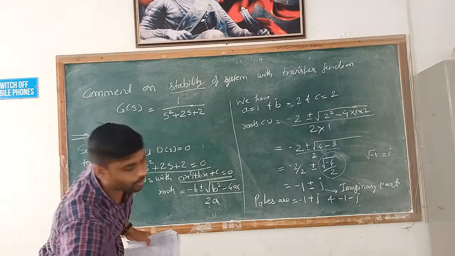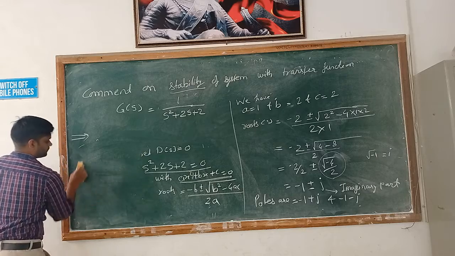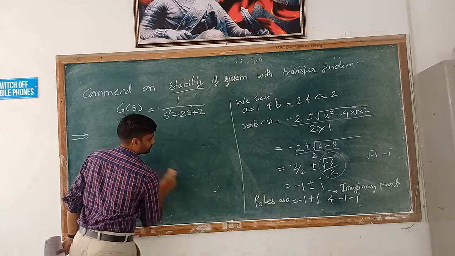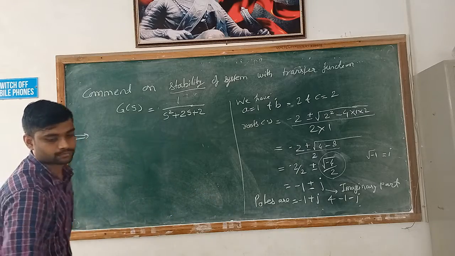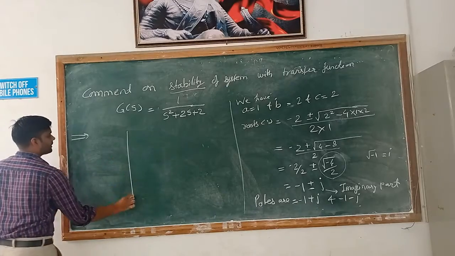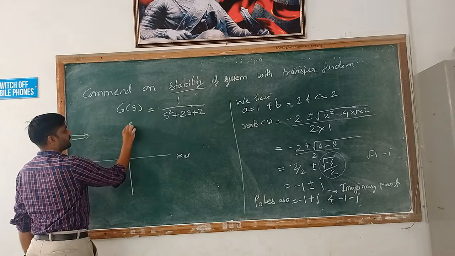So how will be the poles on this S plot here? So here on this S plot, this real, this imaginary.